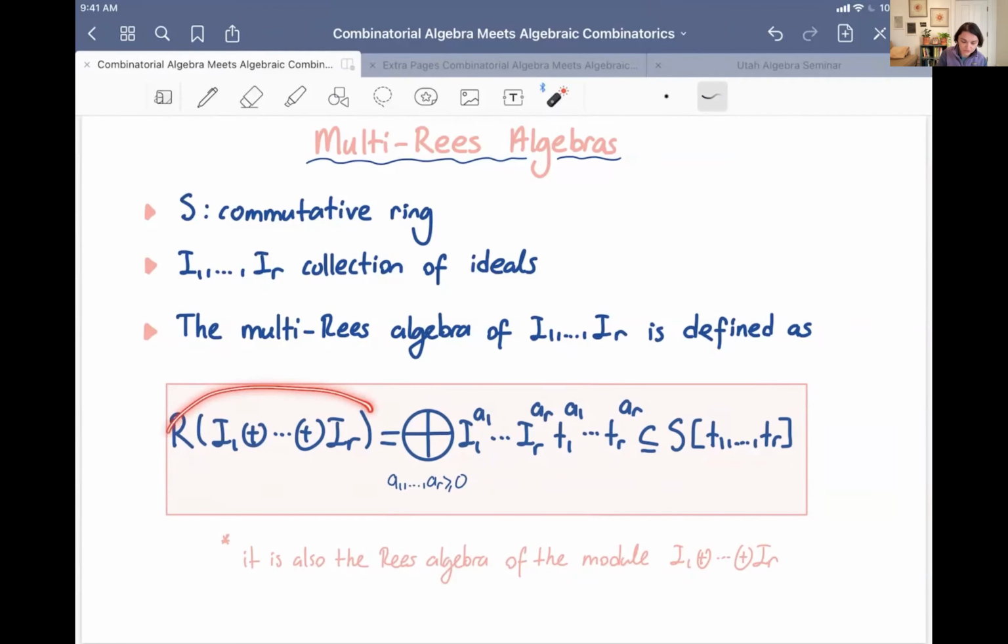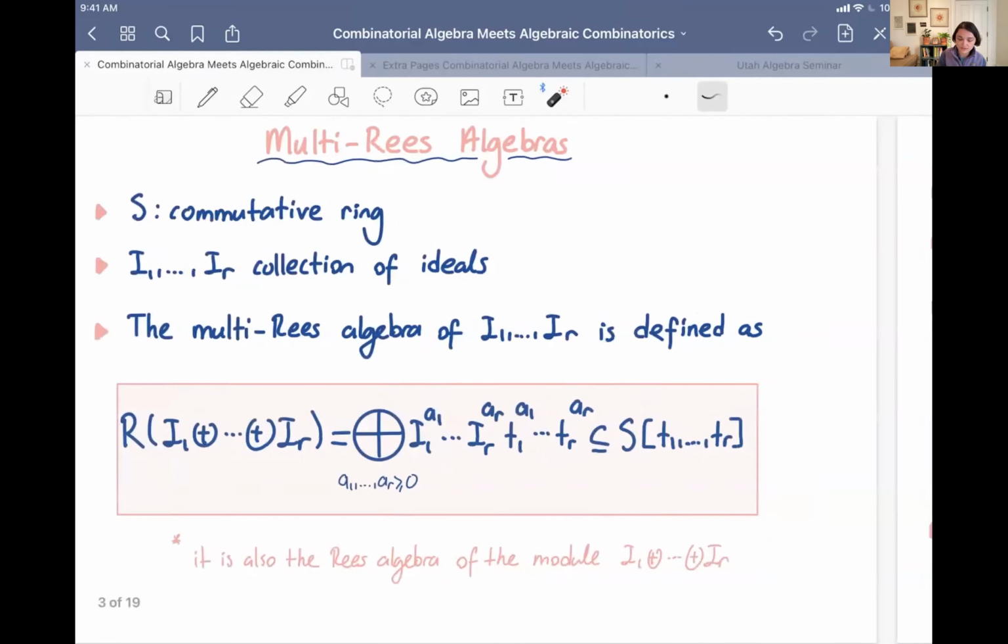I'm going to use this notation when I talk about the multi-Rees algebra of a collection of ideals, because it turns out that the multi-Rees algebra of the collection is the same as the Rees algebra of this direct sum module. When one wants to work with multi-Rees algebras or Rees algebras, this direct sum definition is not very efficient, so we want to work with the defining ideals of these objects.